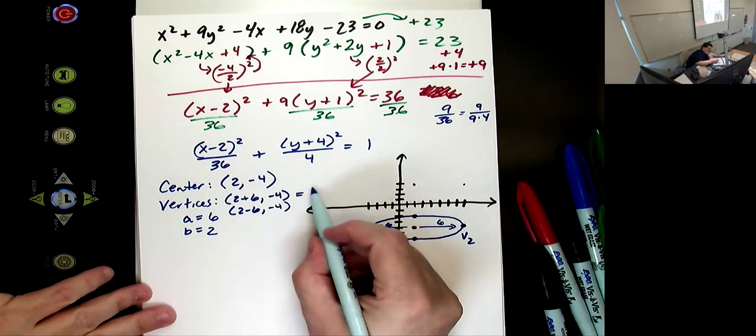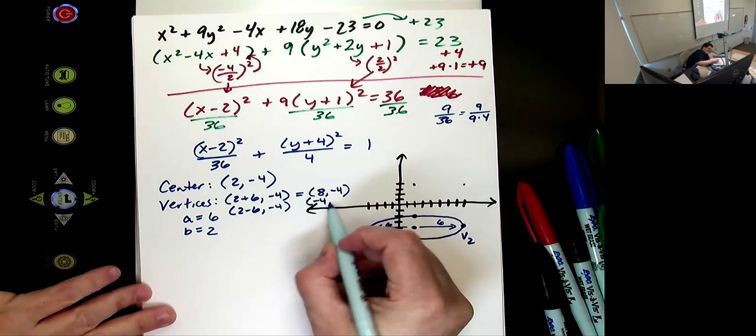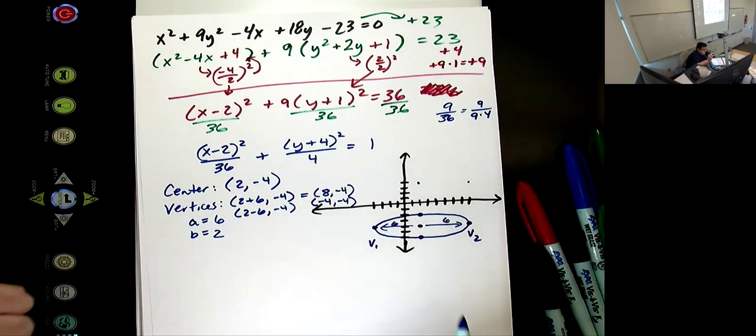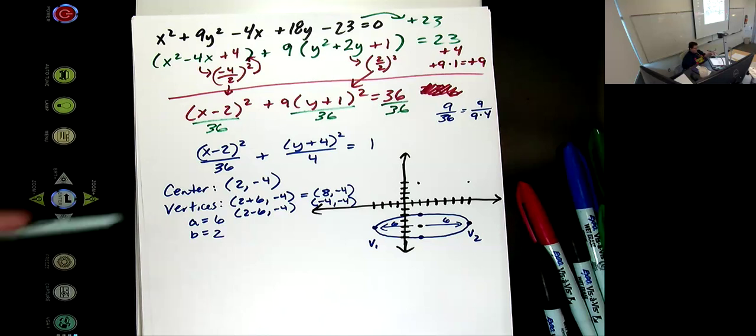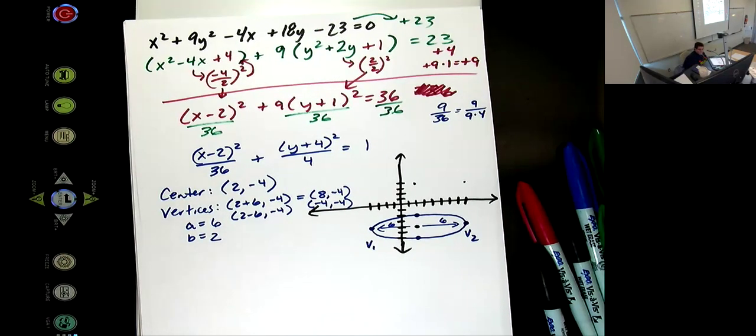So this will be 8, -4 and -4, -4. If you're using graph paper and you're precise, you can look directly at the graph and get it. But if you're freehand sketching it like I did, I strongly recommend thinking about what is in terms of the center and making adjustments from there.